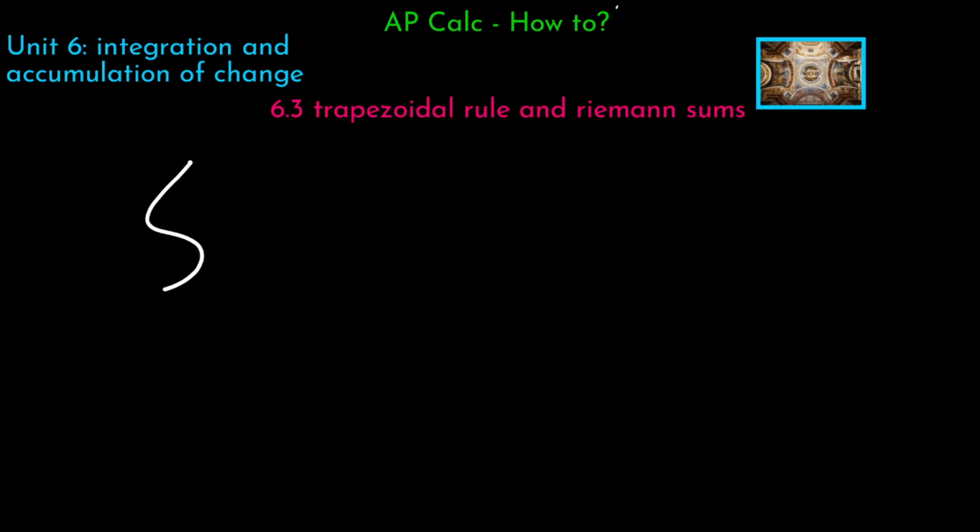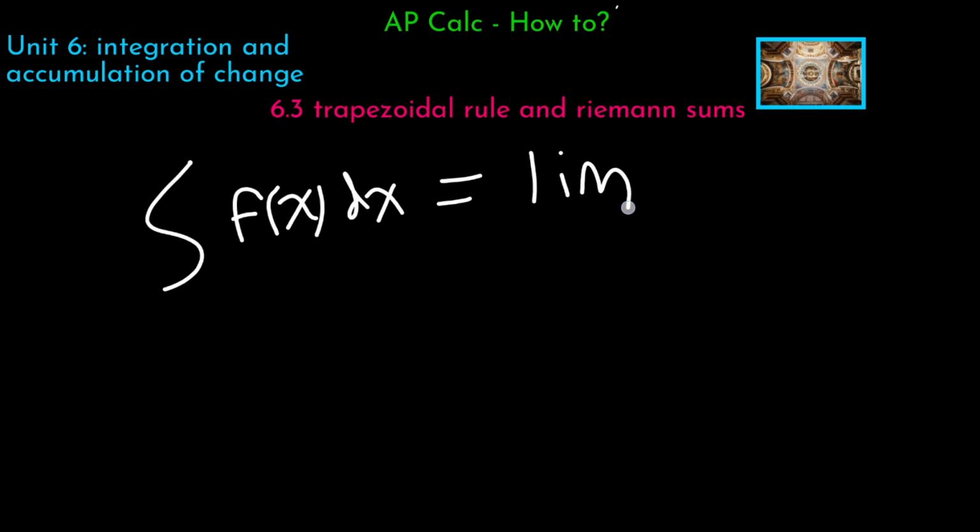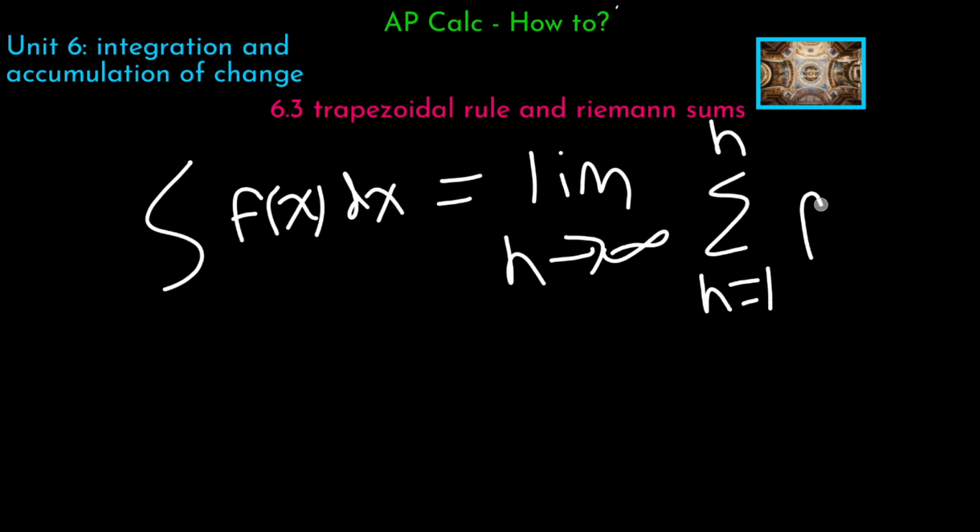So you have your integral dx is the limit as n goes to infinity of your Riemann sum, the sum from n equals 1 of f of x_n times delta x. So your infinite limit, the infinite number of rectangles, defines your definite integral, which is very helpful.